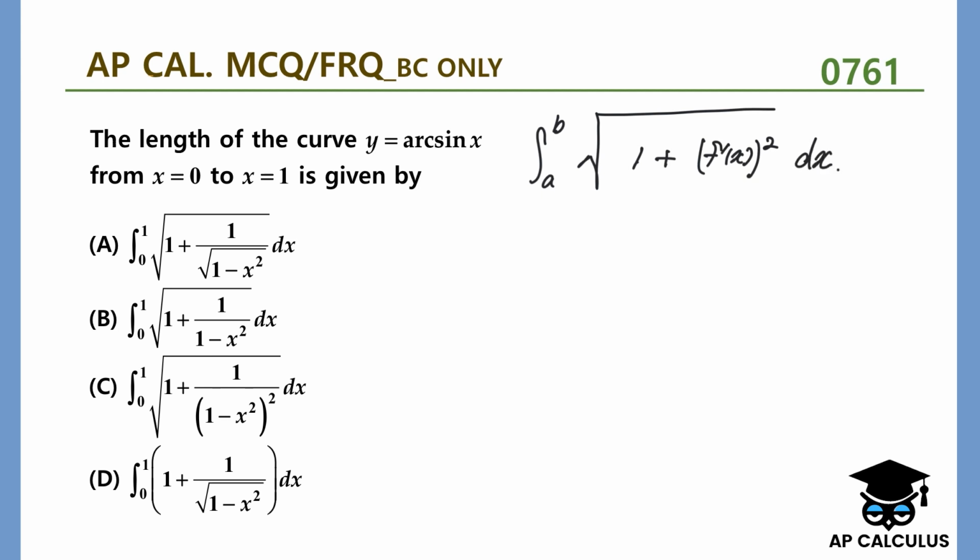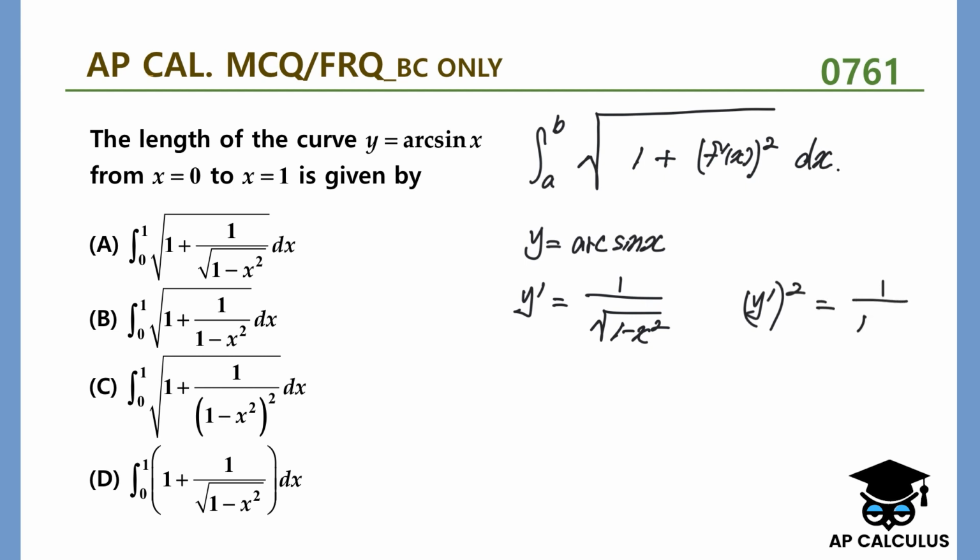That's our formula, right? So here we have the function y equals arc sine x. y prime is equal to 1 over the square root of 1 minus x squared. What's y prime squared? That's going to be 1 over 1 minus x squared, right?